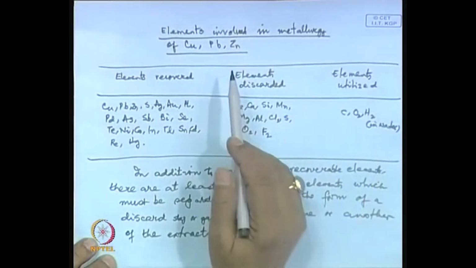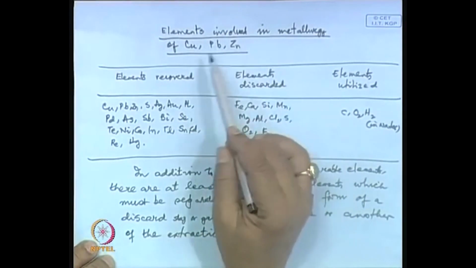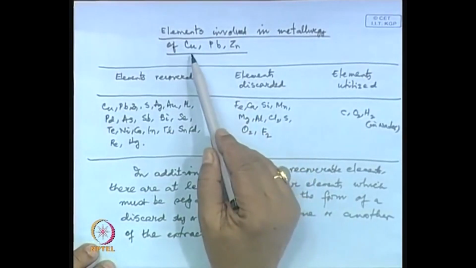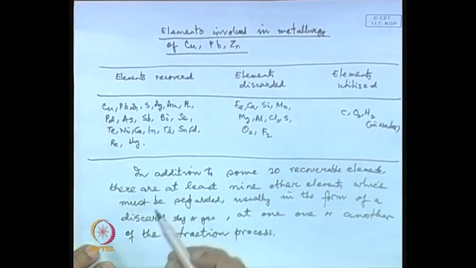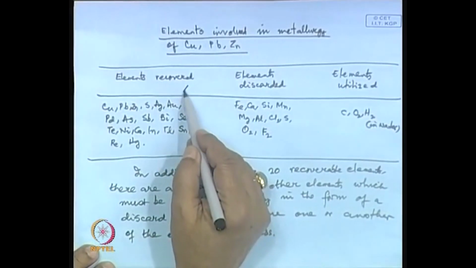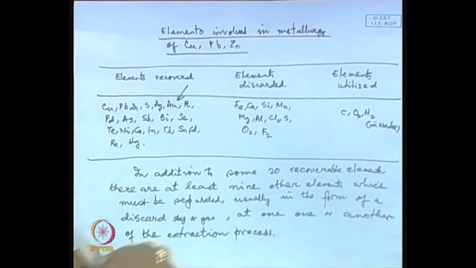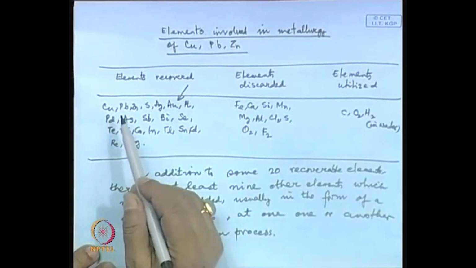Now, you will appreciate what is happening in sulphide metallurgy. In sulphide metallurgy, the main elements involved are copper, lead and zinc, and we recover all 20 elements during their processing.